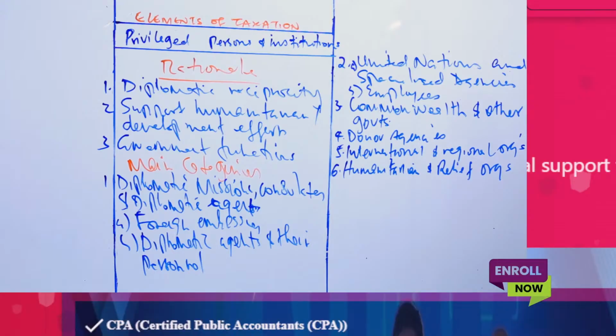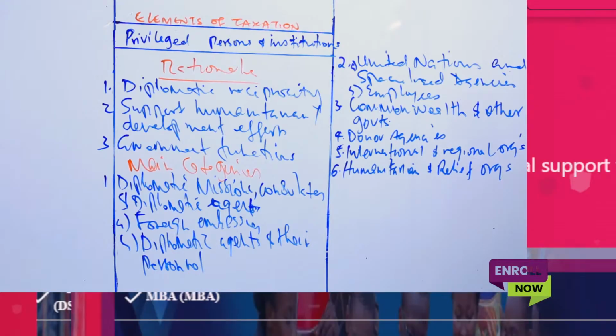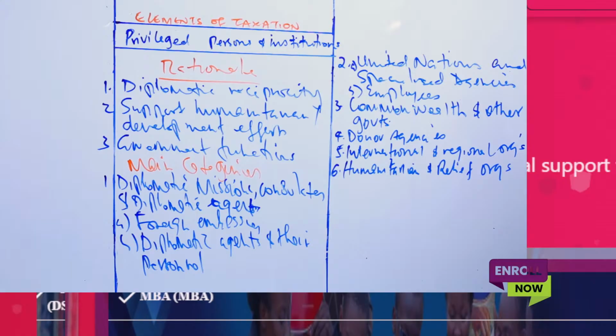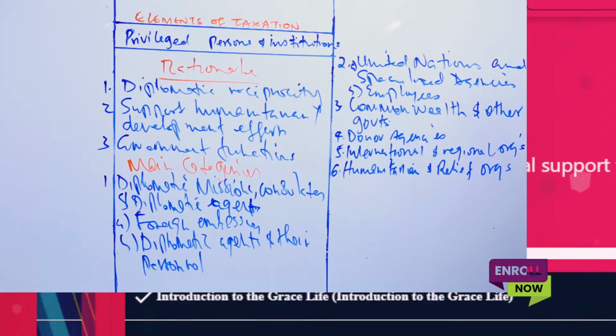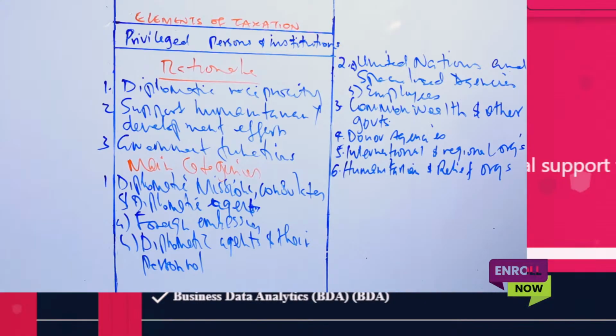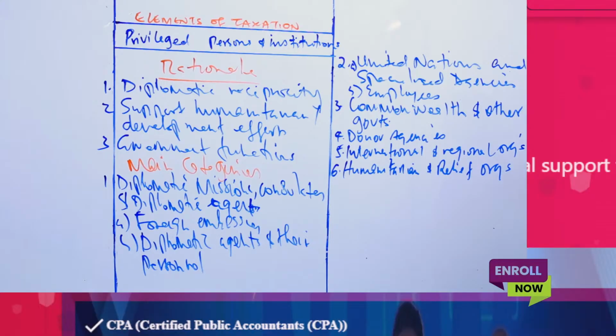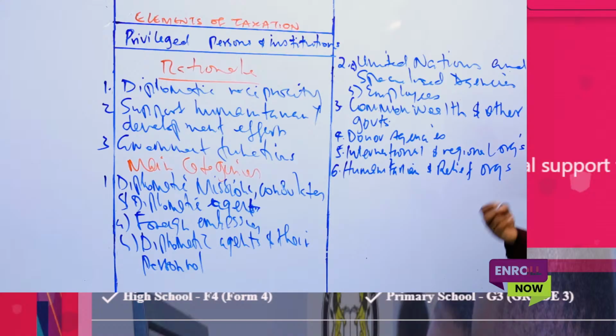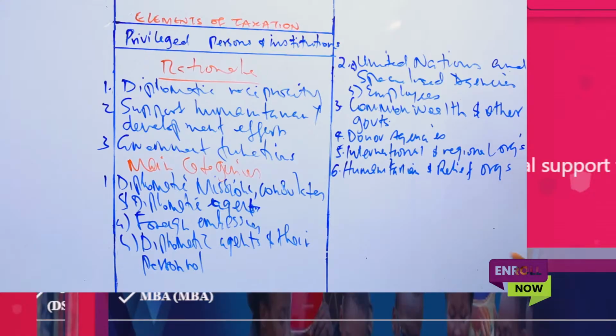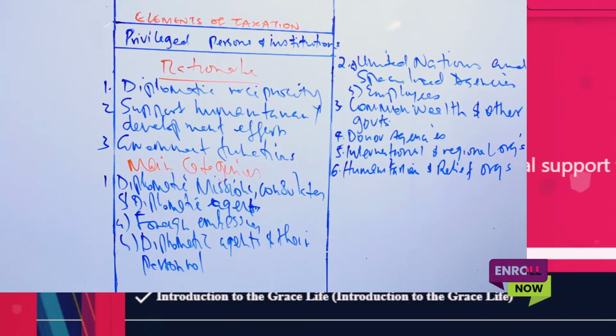These organizations often benefit from zero rating on certain goods and equipment for official use. We may also have goods for emergency and relief purposes. We have taxable goods that are acquired by relief agencies and NGOs for use during disaster periods or in refugee camps that may also be exempt or zero rated.